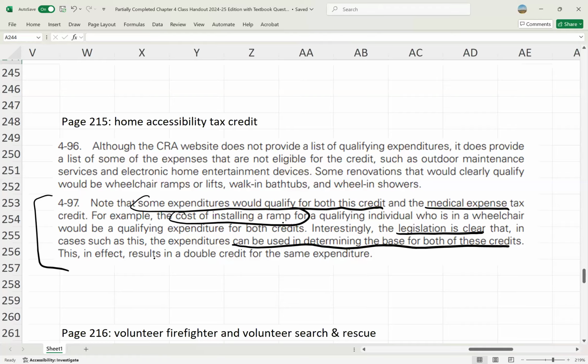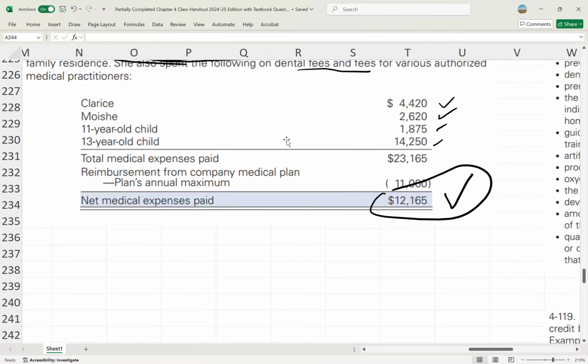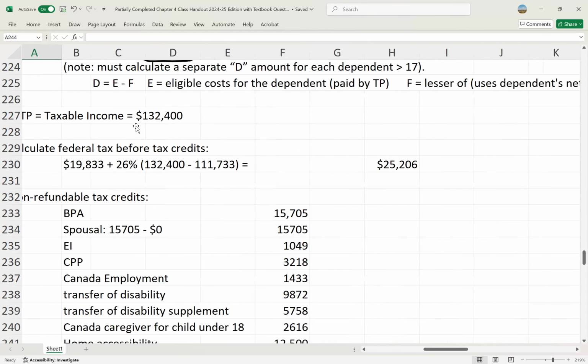In effect, this results in a double credit for the same expenditure. So that 12,500 can be used for the home accessibility. It can also be used for the medical expense tax credit. So what that means is, for this question, we're going to take the 12,165 plus 12,500. That's going to be our B amount.